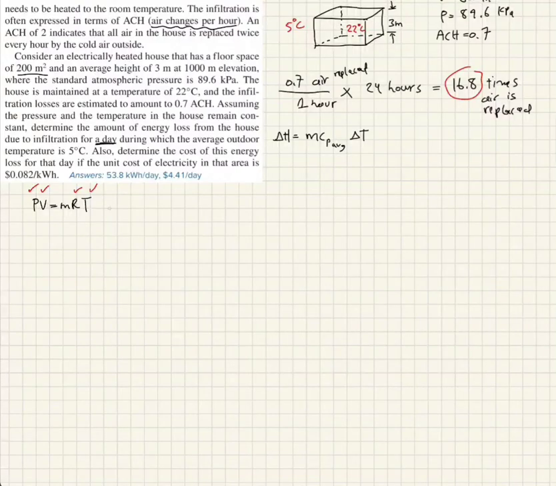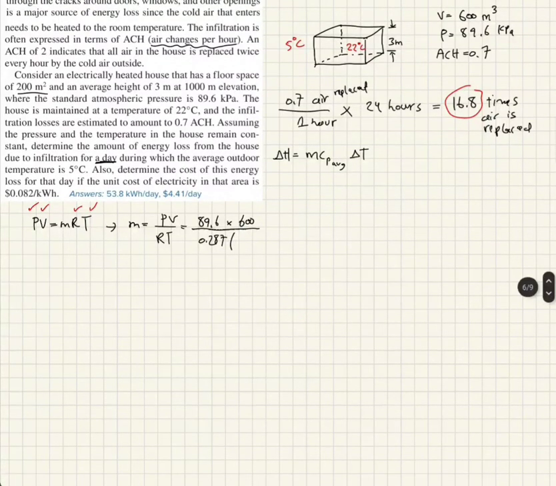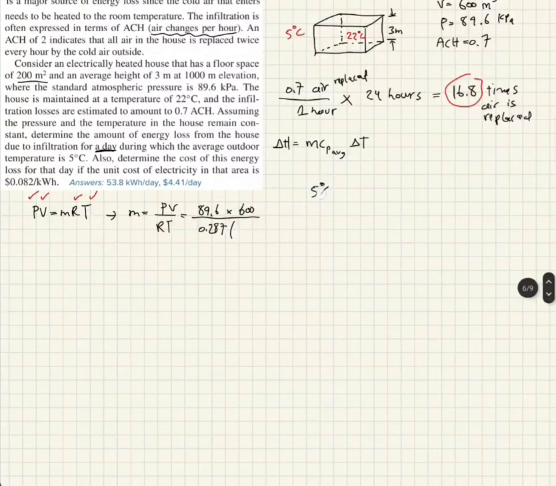So m equals PV over RT, and P is given at 89.6, times 600, divided by R, which is 0.287, times the temperature. Now, what temperature do we write here? This is very important because it changes the answer completely. We can write either 5 or 22.